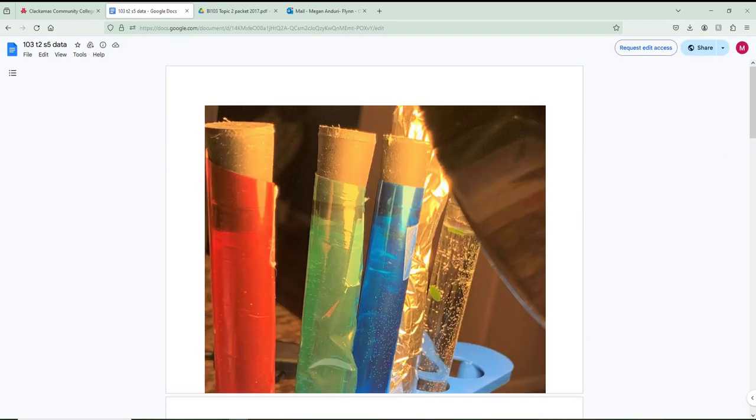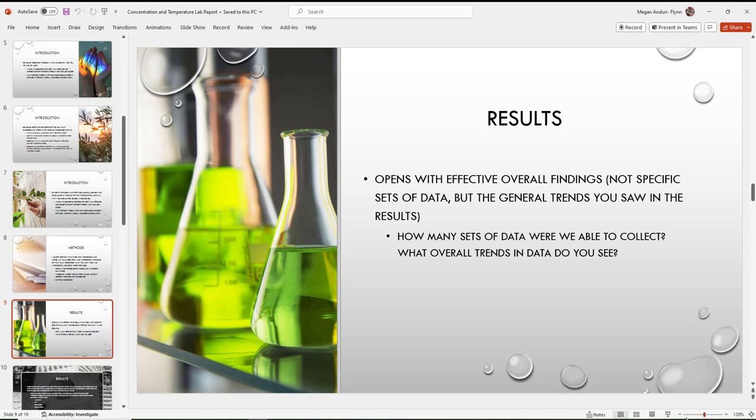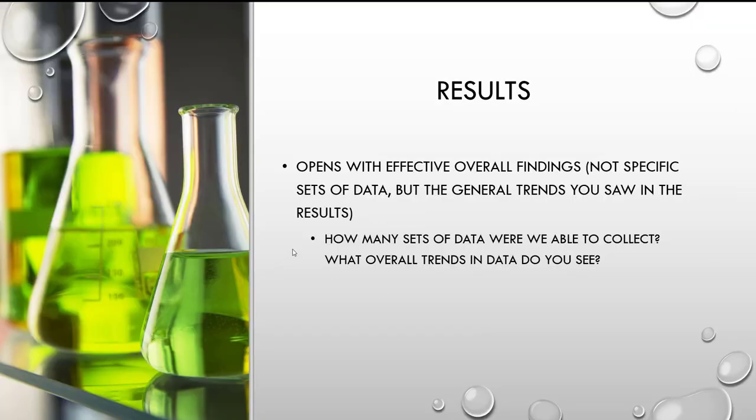So all you need to state is, we ended up collecting 2 sets of data for each type of water, and it appears that this wavelength of light showed the most photosynthesis, or maybe there wasn't any general trend in data, who knows. Okay, but just open it with maybe 1 or 2 sentences of the overall trends in data.